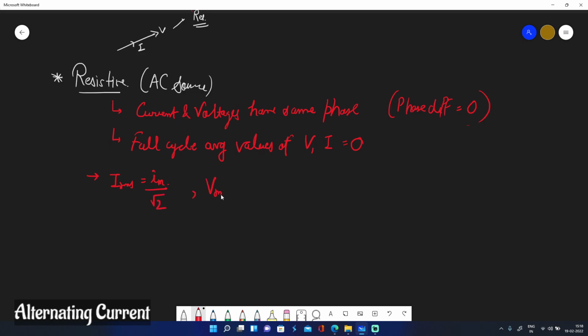Similar is the case with VRMS, which is Vm by root 2. We discussed the average power in an AC circuit, which is VRMS times IRMS, or you can say IRMS squared R, or VRMS squared by R.